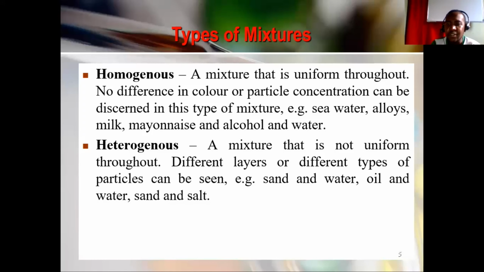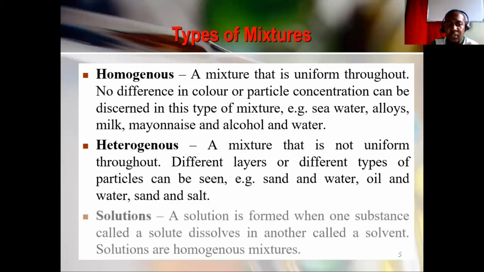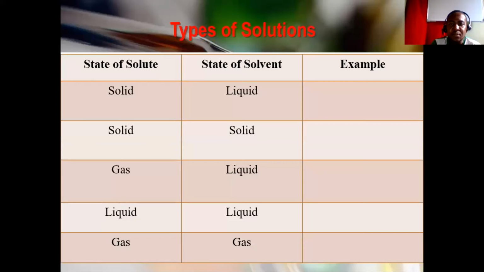Or oil and water, same thing, and sand and salt, same thing. You'll see the different particles present in your mixtures. And a solution is formed when one substance called a solute dissolves in another called a solvent. So solutions are homogeneous because they are dissolved within each other.